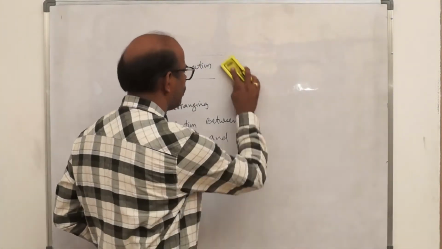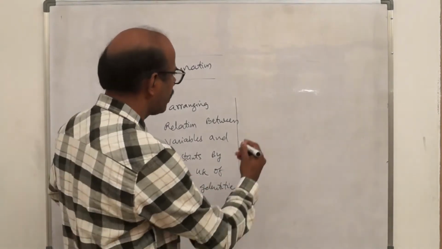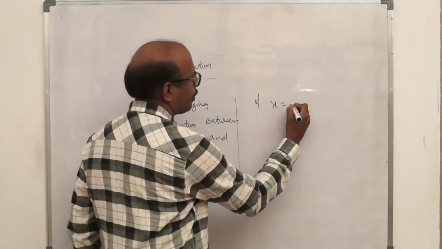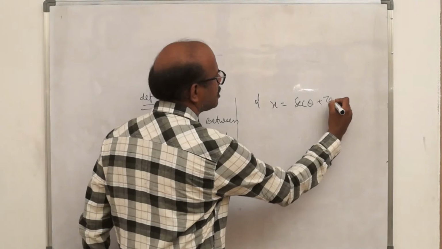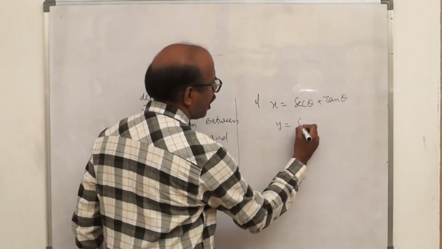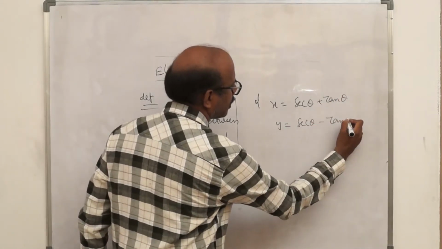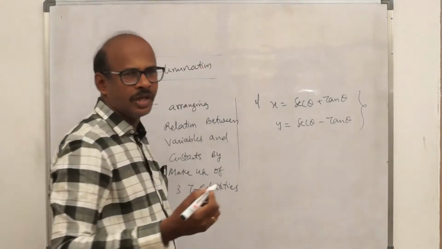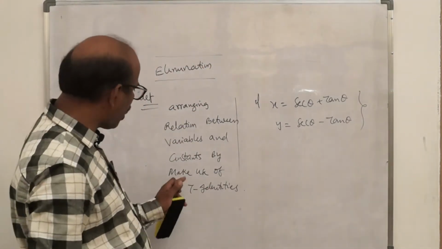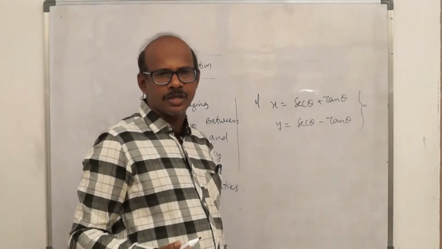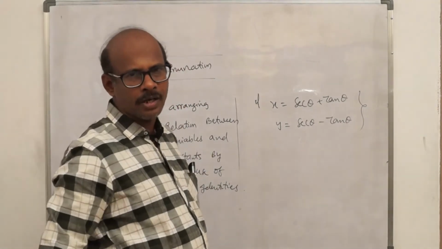Suppose, with a simple example for understanding elimination: if x is equal to sec theta plus tan theta and y is secant theta minus tan theta. Elimination of theta means in my mind I have the preoccupied idea sec square minus tan square, one popular trigonometric identity.